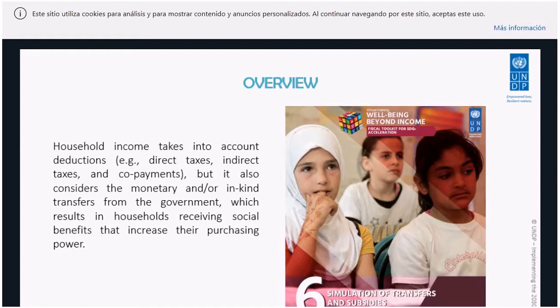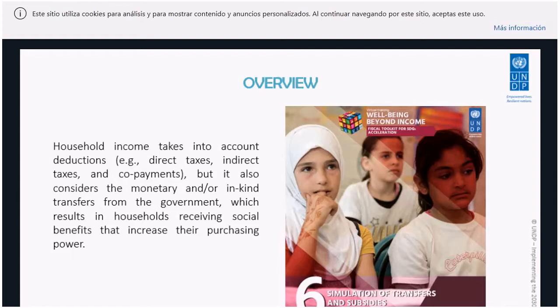Those components are a significant share of household income. Depending on the country and the size of the benefits, they can move individuals out of poverty in the short term by themselves, right?